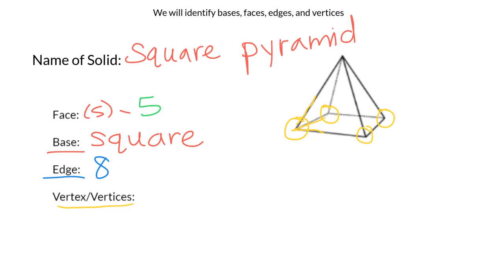And that should make sense because our base we know is a 4-sided polygon. So we have 4 on our base. And then each one of these triangular faces, all of the edges formed by those faces come together and meet at one vertex at the top. So we have a total of 5 vertices in our square pyramid.